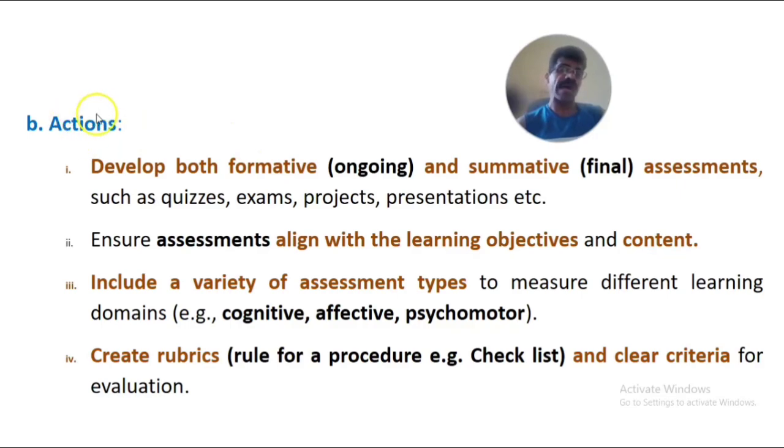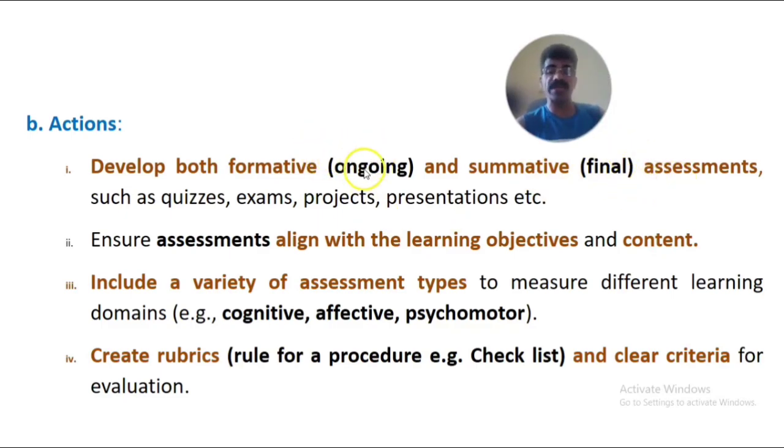So the sub-steps include, first, develop both formative and summative assessments. Formative is ongoing assessment during the semester or year, such as quiz programs, exams, unit tests, project work and presentations, individual presentations, clinical presentations, etc. Summative is at the end of the semester, like the university exam, that is, final exams.